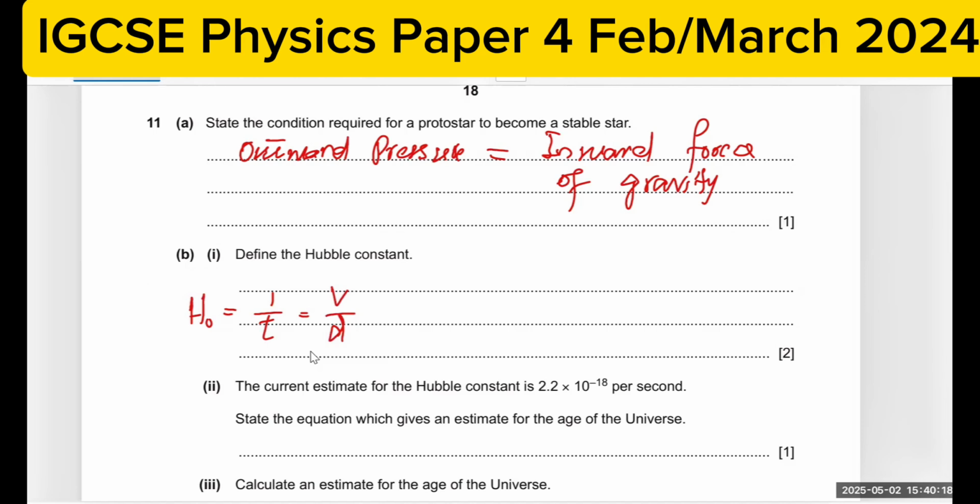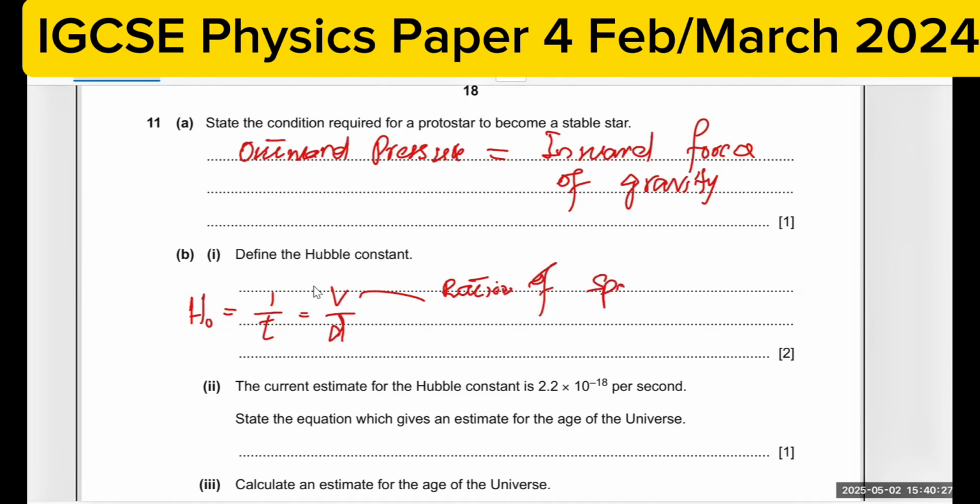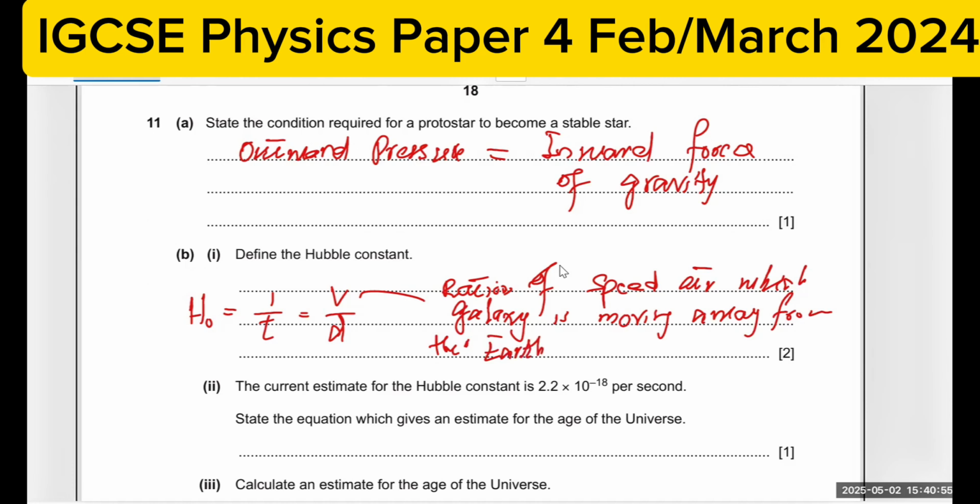It is the ratio of the speed at which a galaxy is moving away from the earth to the distance, the observer distance.